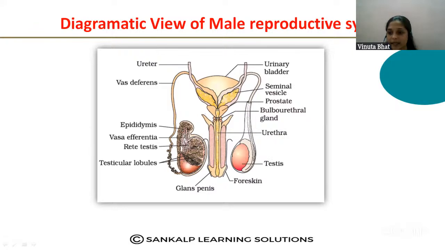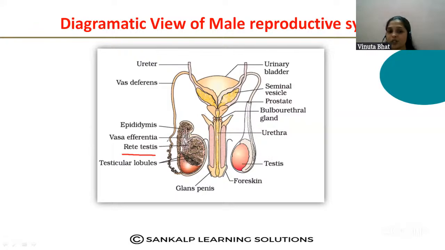Once again I will repeat, as you can be asked this order-wise in an MCQ. First, inside the seminiferous tubule sperms are produced, and these seminiferous tubules open into the structure called the rete testis, and from the rete testis many structures are formed that open into the epididymis.